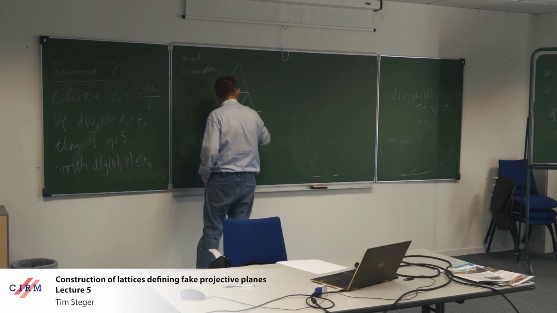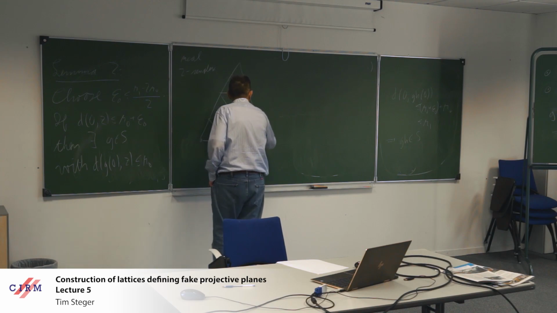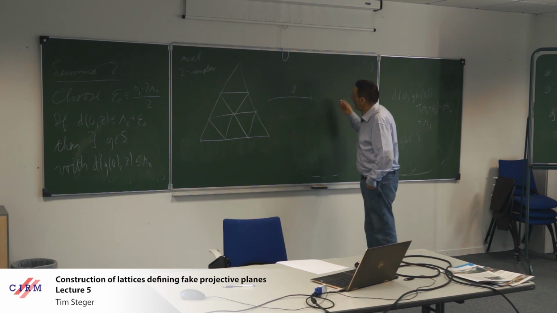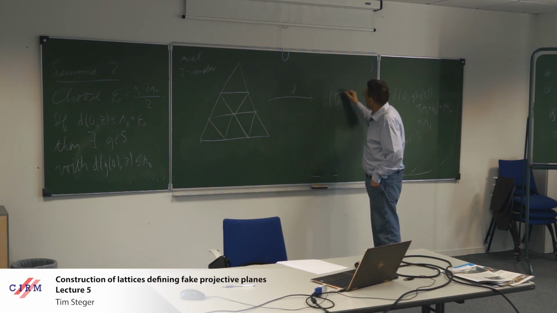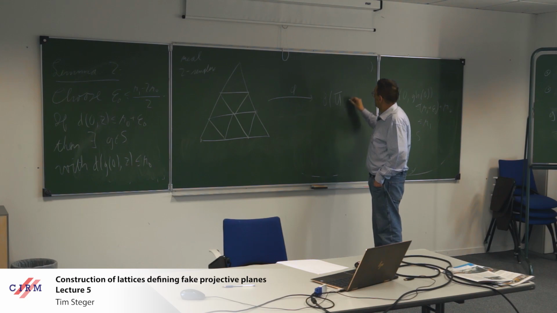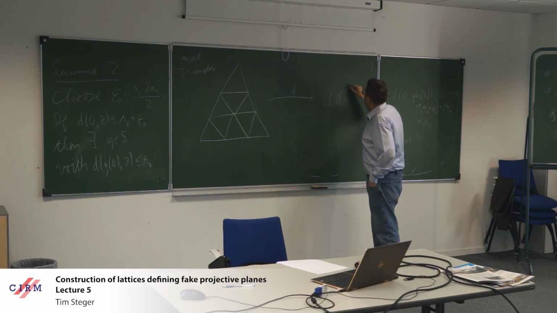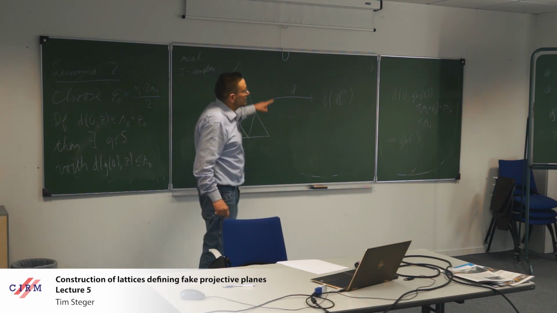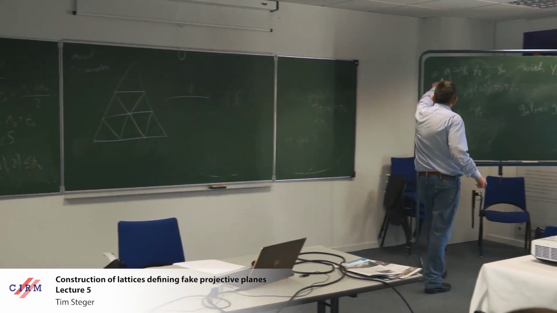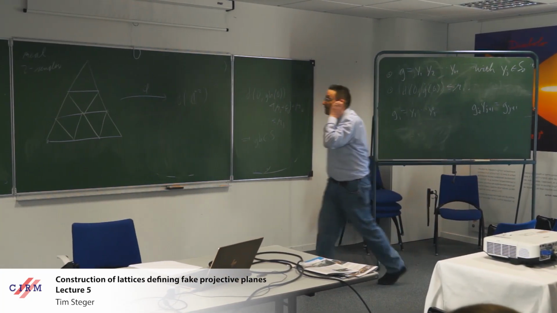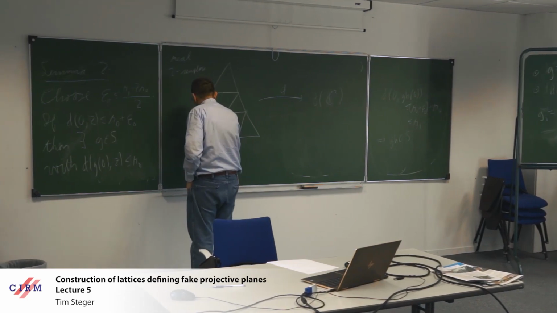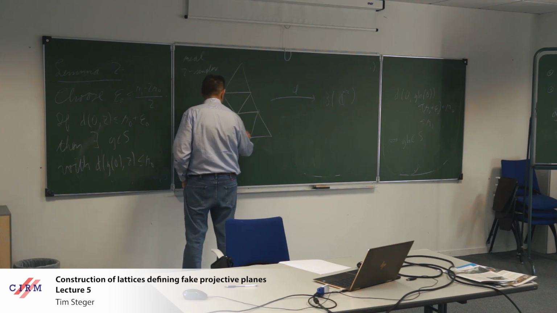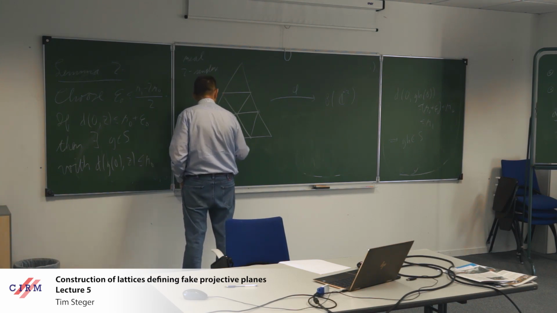I'm going to construct a map of this into the ball. And the idea is that the boundary of this is going to correspond to this relationship here. I'll tell you first where these vertices should go.